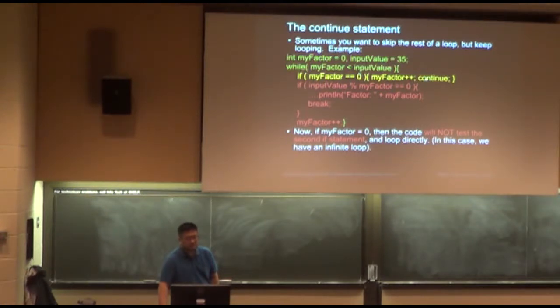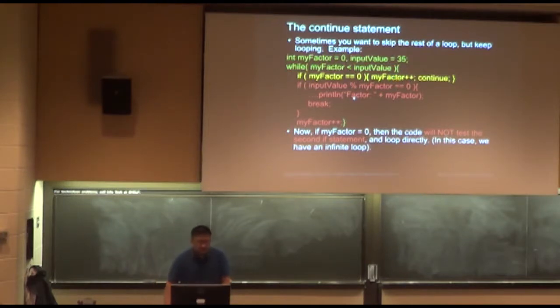If it's equal to 0, we'll just iterate and then continue. What continue does is cause this code to run back to the conditional part of the while loop. So rather than running the rest of this loop, it's simply going to immediately ask again, will this loop run again, and then run the loop again if that's true.